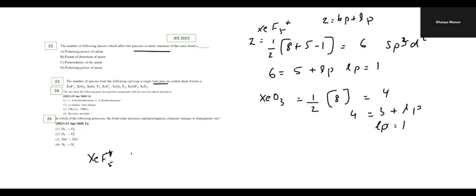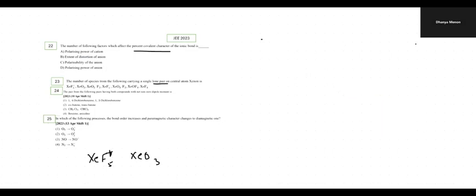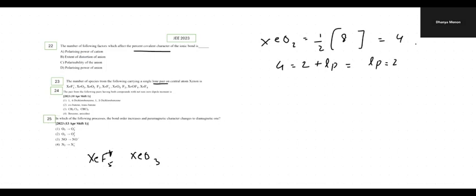The next one is XeO2, half of 8 electrons in the outermost shell, no positive or negative, no monovalent. So 4 is equal to 2 plus lone pair. Here this is not the answer because the lone pair is 2. We need a single lone pair. So this is not our answer.